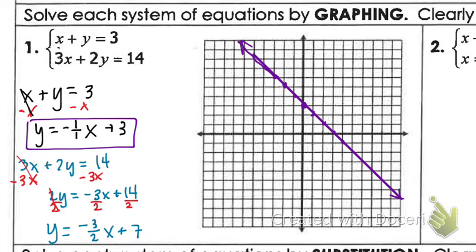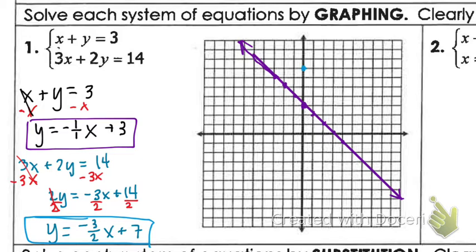And then we need to do our other line. Mariah, where do I start for that one? 1, 2, 3, 4, 5, 6, 7. Okay. And then how do we get to the next point?